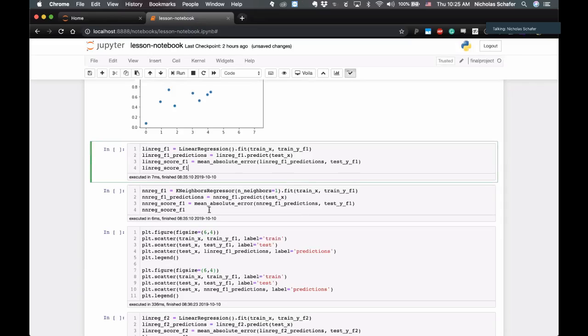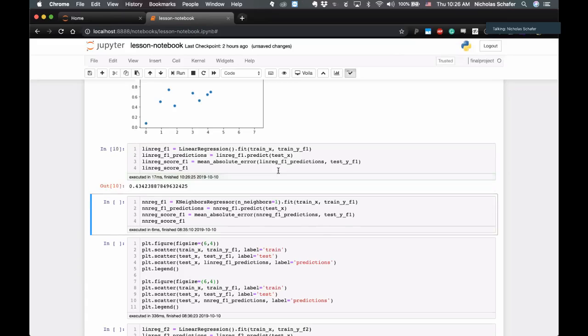But let's see how the intuitions are working out here. So what I'm going to do here is create a linear regression model for F1 by fitting it to the training data, including the Y for F1. Then I'm going to make some predictions using the test X values, and I'm going to compute the mean absolute error between the predictions and the actual test values, and return the mean absolute error.